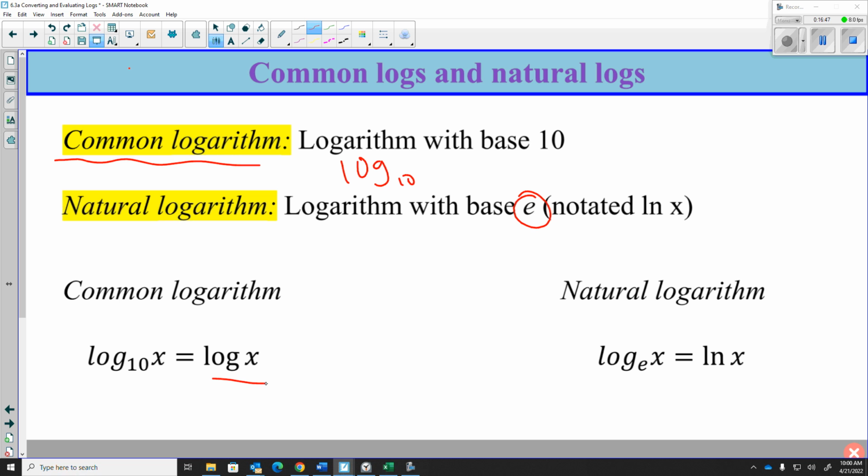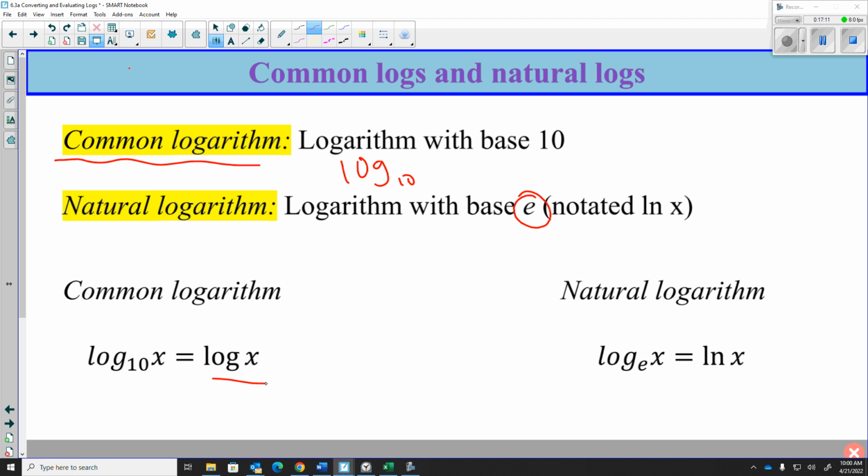If you see a log with no base written, that means it has a base of 10, and it's what we call the common log. So on your calculator, the log button is a log with a base of 10. We just don't write it all the time.